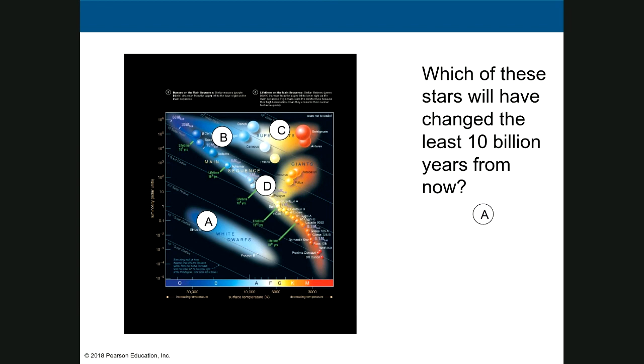So yeah, I mean A certainly won't have changed much in 10 billion years, but it's debatable whether we should be calling A a star. That's where I get confused. No, B, once we get up here, B very much is at the end of its life. So stars don't stay at the end of their lives for billions and billions of years.